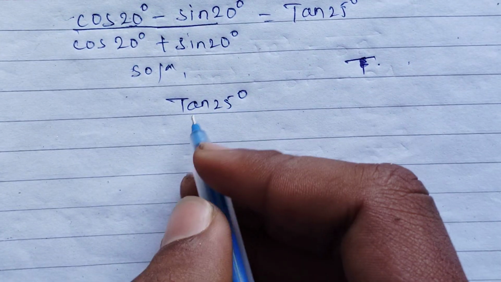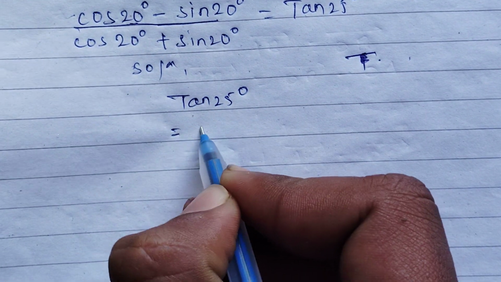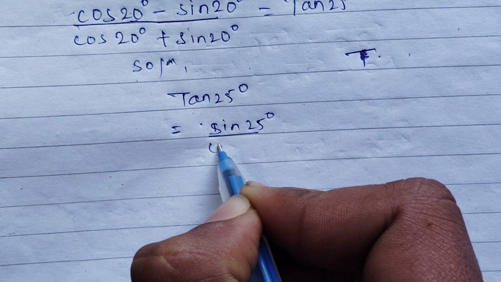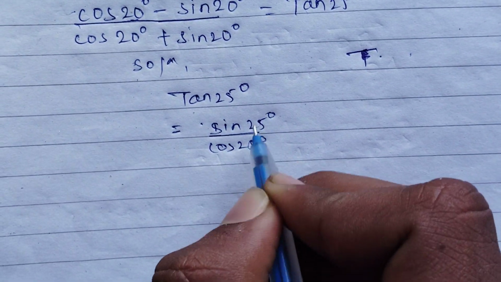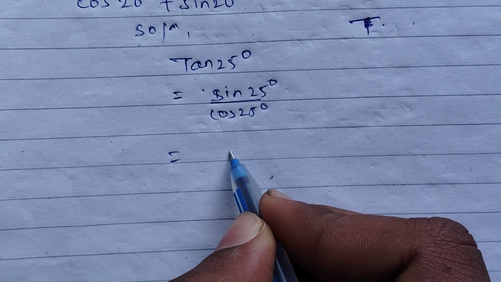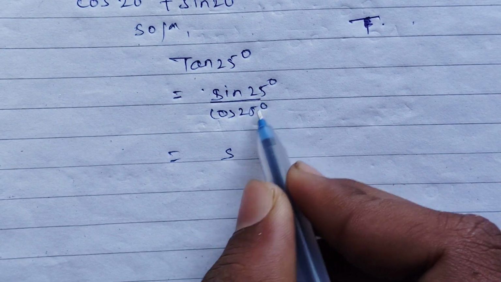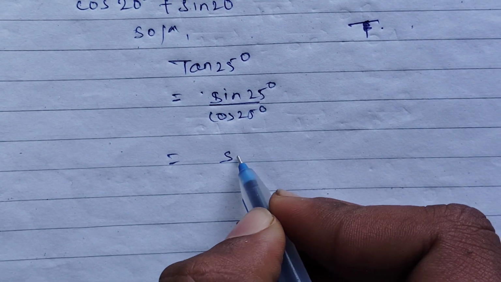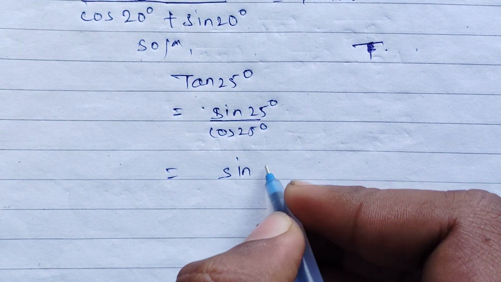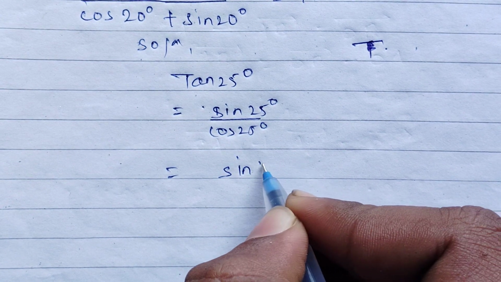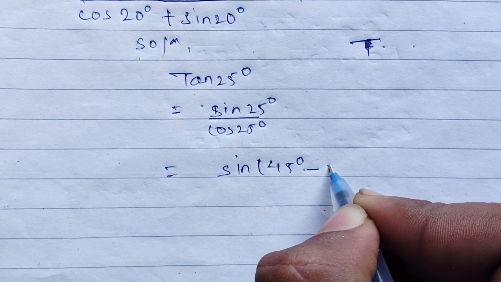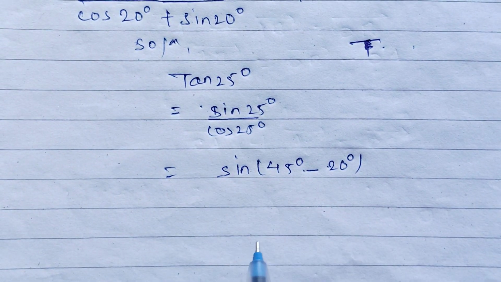So we take tan 25 degrees, and we write it as tan 45 minus 20, that is sine of (45 minus 20) by cos of (45 minus 20), where 45 degrees minus 20 degrees gives 25 degrees.